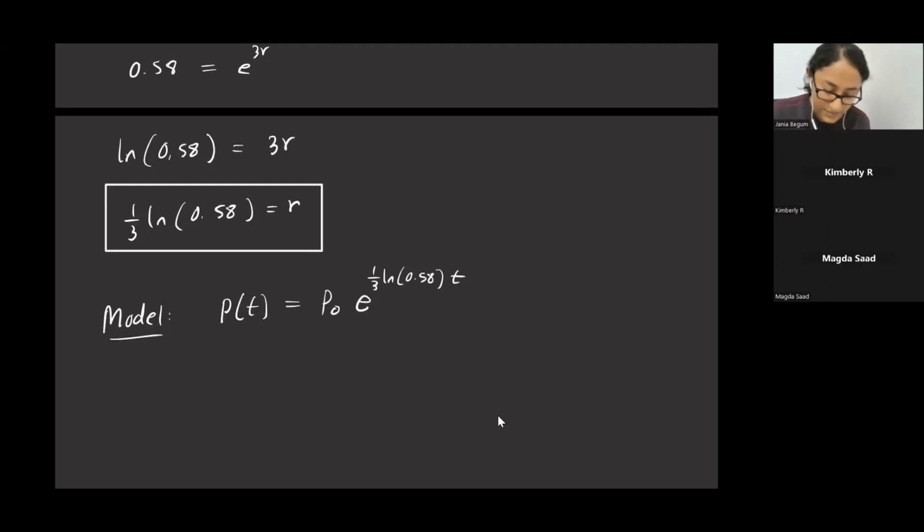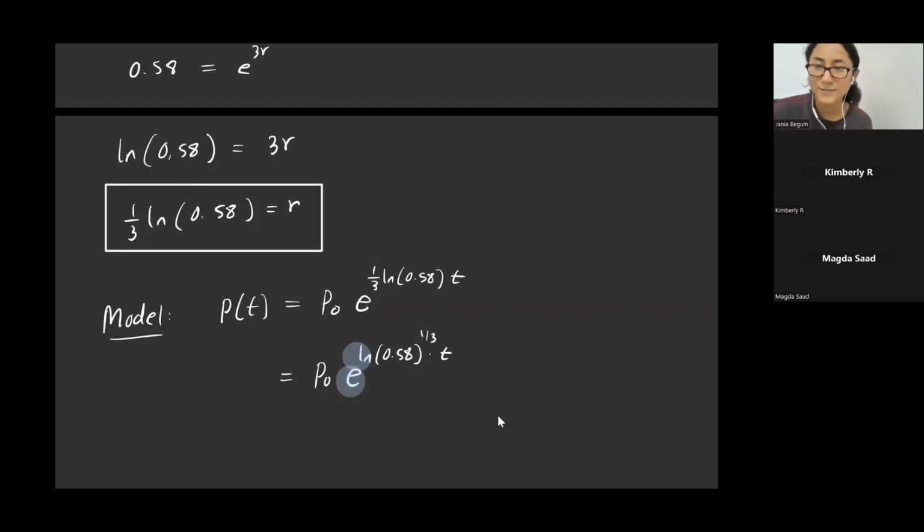In this case, we can't really cancel them because of the 1/3 in front of ln. So first, make 1/3 an exponent, and then you can cancel. I'm going to rewrite a little bit. This is P naught times e to the power of ln of 0.58 to the power 1/3 times t. And now you can cancel this.